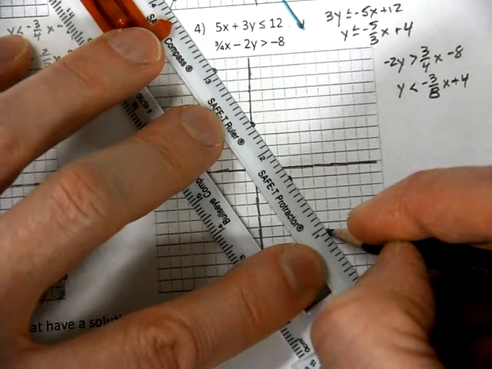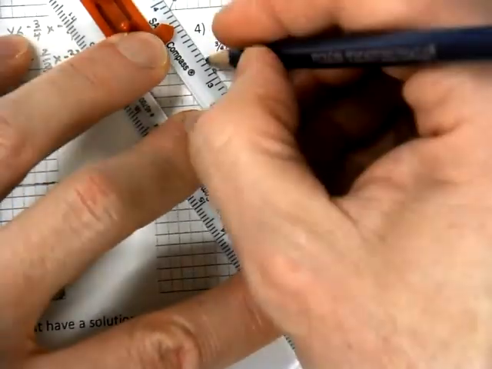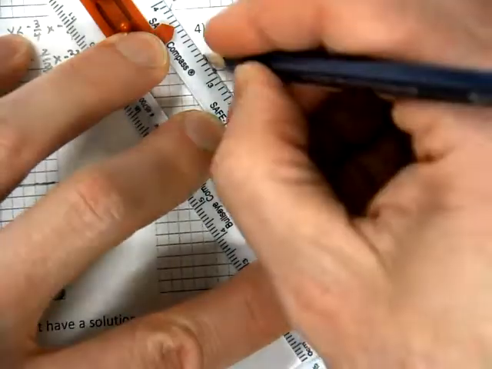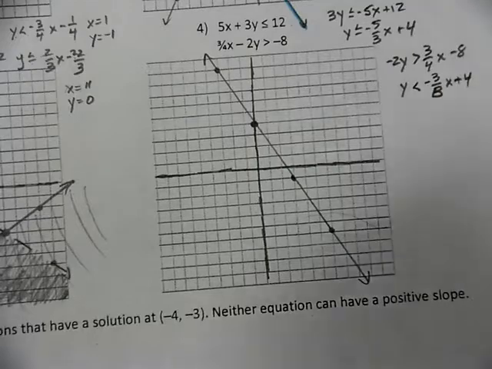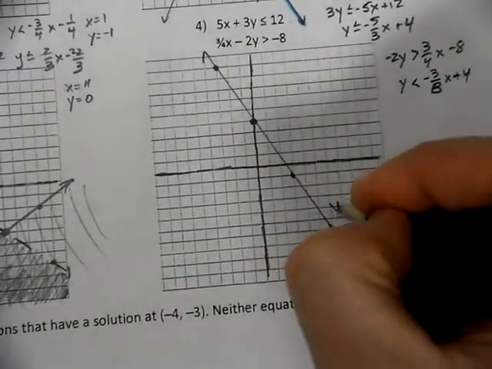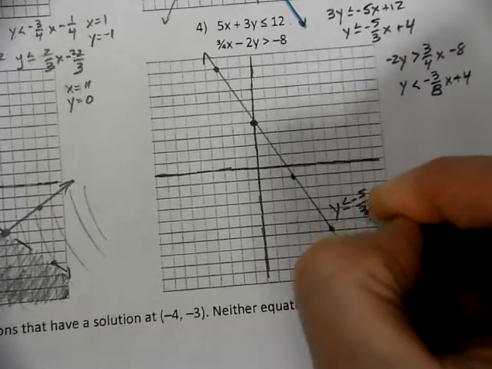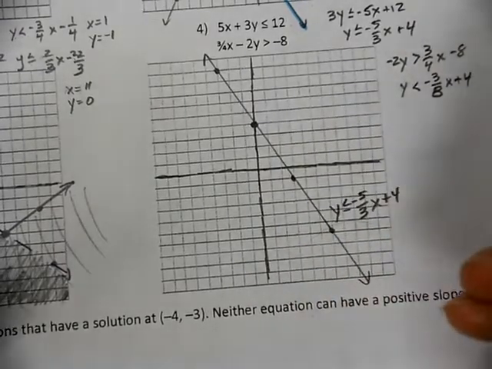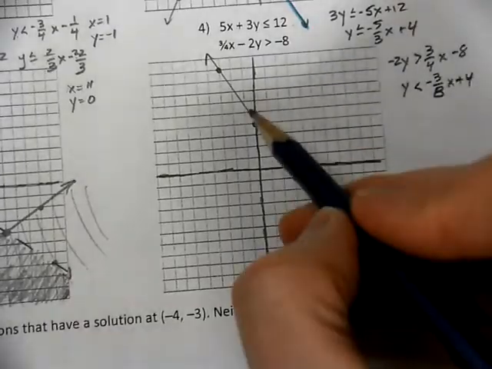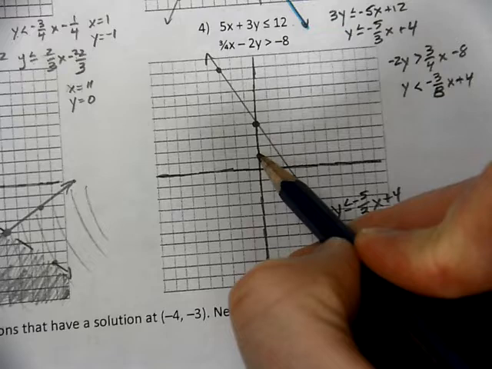Be sure if it's going to be a solid line or a dashed line. Our equation is going to be y is less than or equal to negative 5/3 x plus 4. And then we have a slope of negative 3.